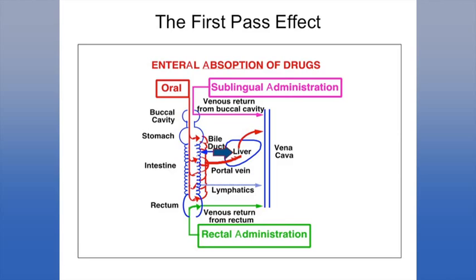The purpose of this vein is actually to transport nutrients primarily, but it will also transport any drugs that are administered by mouth. When the drug reaches the liver, it can undergo biotransformation or metabolism, and as a result, less of the drug actually reaches the circulation shown here as the vena cava.